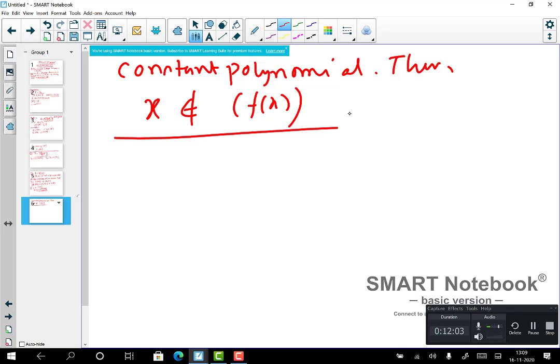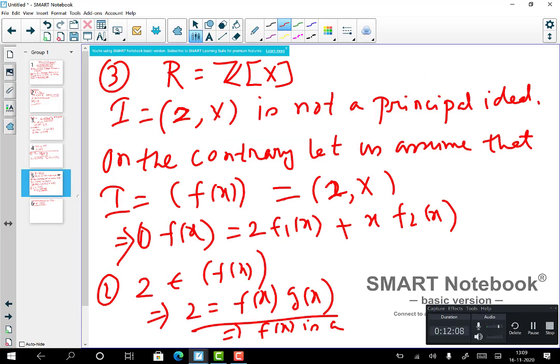So in any way, whatever expression you assume, you can easily find that there is a contradiction. You cannot do it.